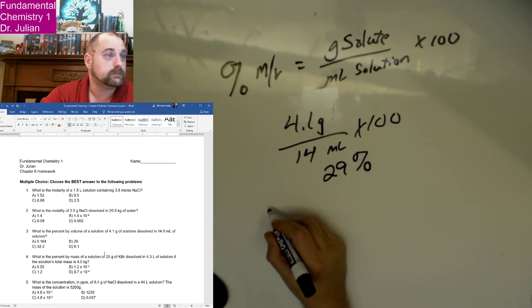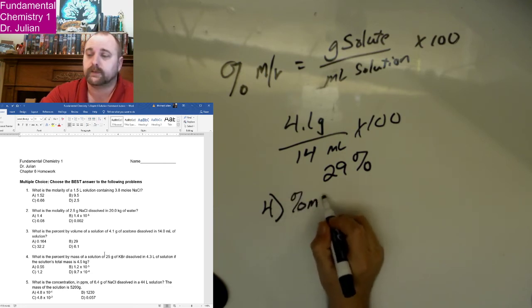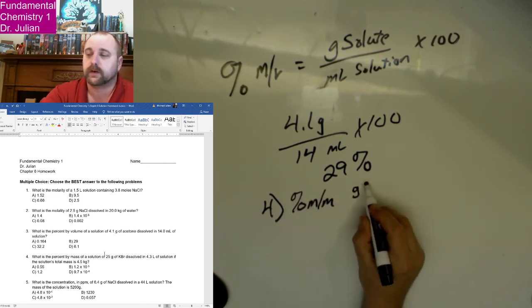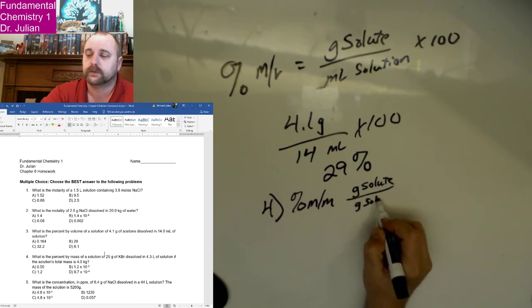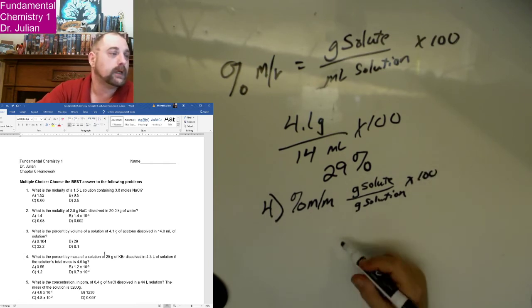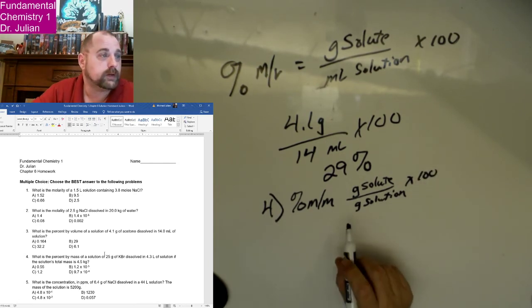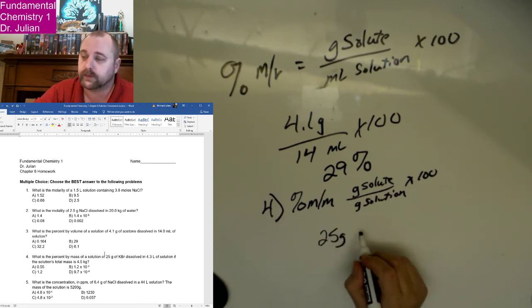So rocking right along. What are we on? 4% by mass. Percent mass of mass. Grams of solute over grams of solution times 100. So this is 25 grams of KBr. That's my solute.